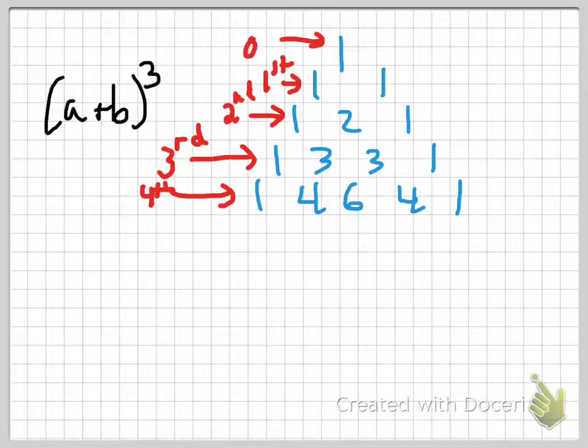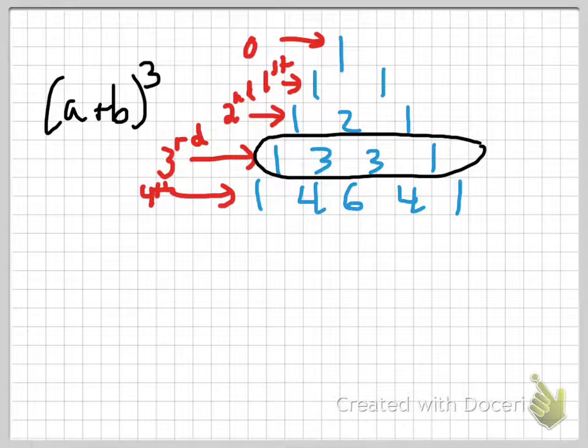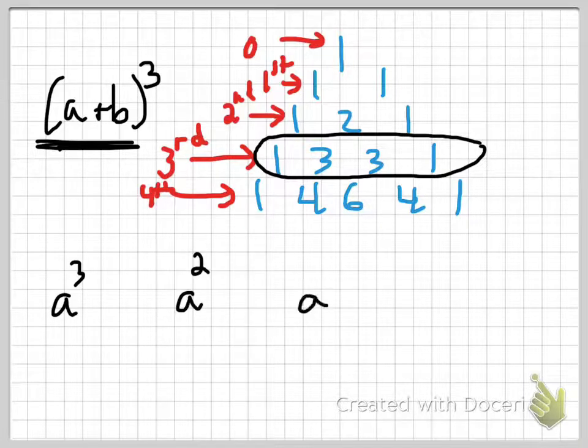So we are going to use this third power row right here. We are going to find out what a plus b to the third power is by simply using the 1, 3, 3, 1. And here is how it works. It's really smooth. You start with the a, and you go a to the third, because it's a third power up here. Then you go a to the second, a to the first, and then technically a to the 0.